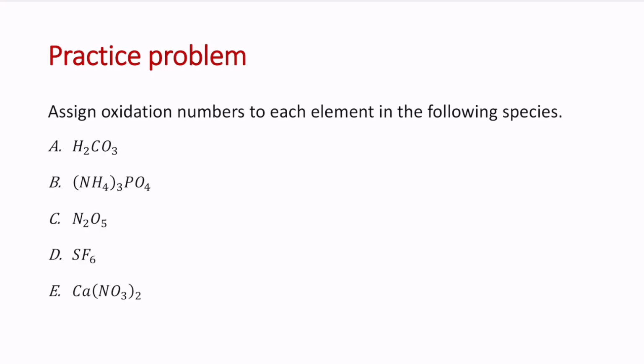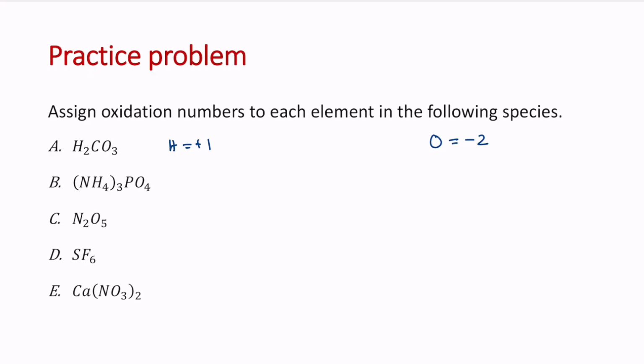In my first example, I have carbonic acid. I like to do the ones that are an always situation. So I know hydrogen is always +1, and I know oxygen is always -2.